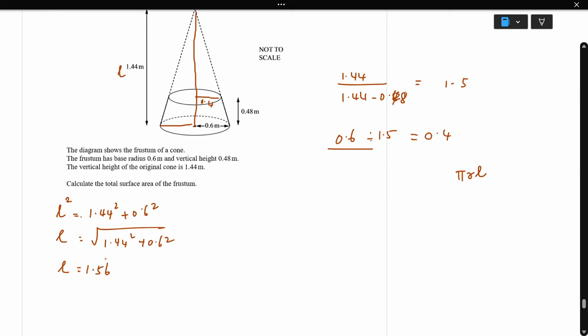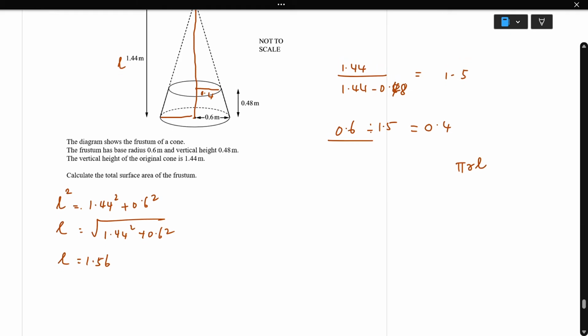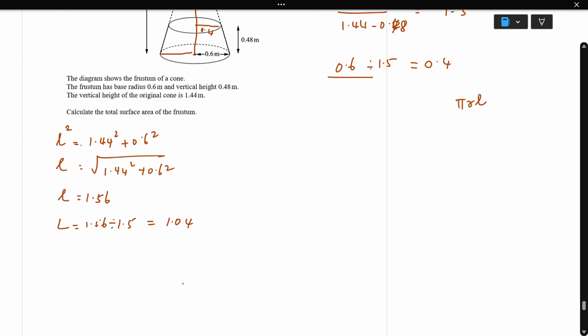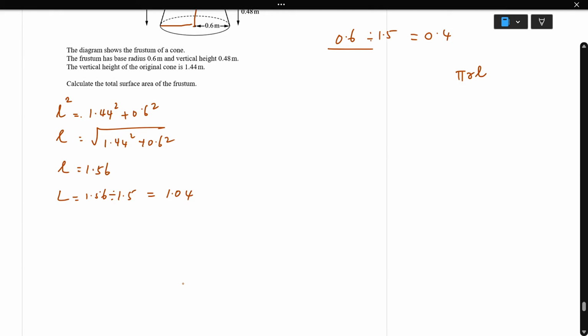The long one is 1.56. That means for the removed part, the small L is going to be 1.56 divided by our scale factor, 1.5, which is equal to 1.04. Yeah, 1.04 is going to be the small L. Now we got all the things.